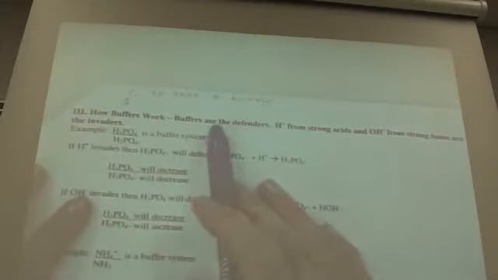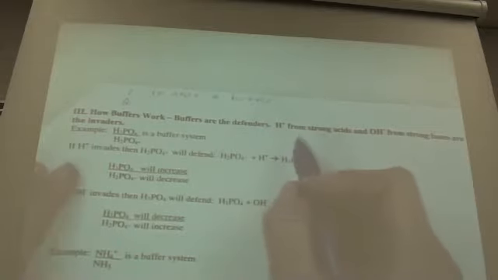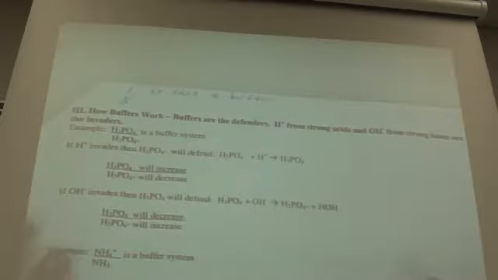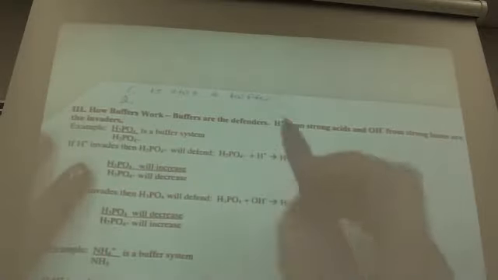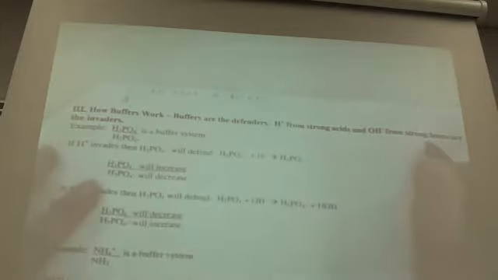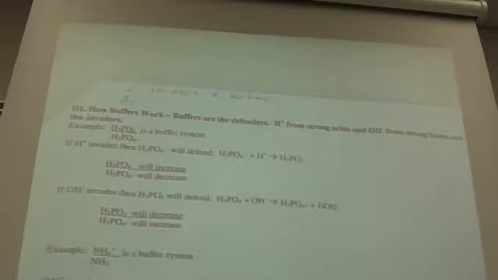Now, the second thing that you absolutely have to know is how a buffer works and the particulars on how it protects the solution's pH from the invaders. This is kind of like a war situation. The buffer are the defenders, and the strong acid and the strong base are invading the beaker.